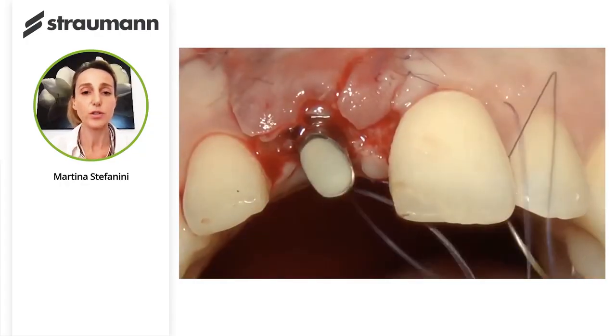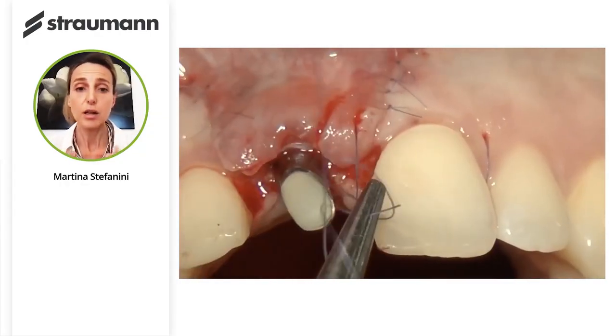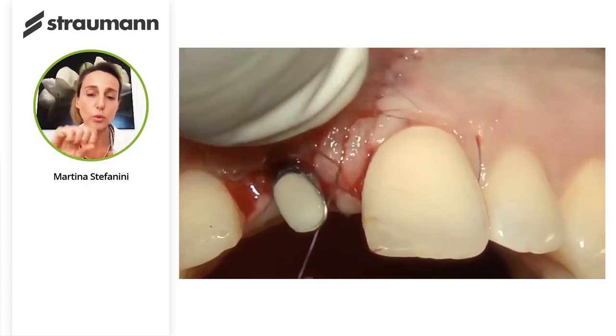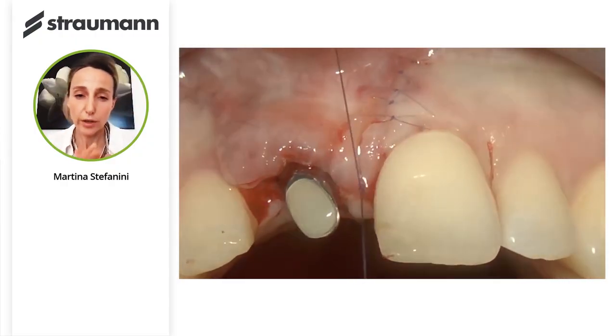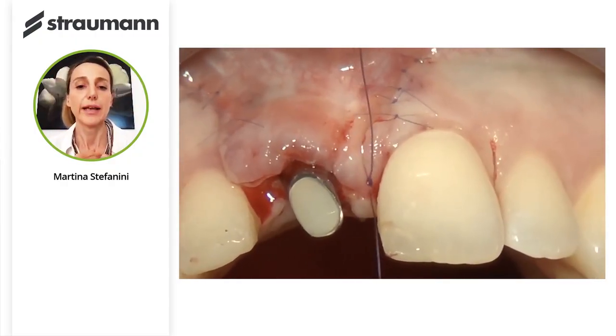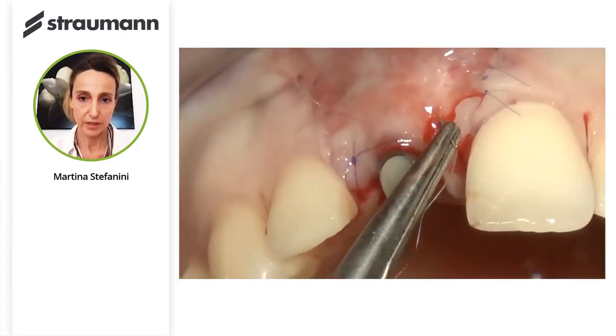In this case, we prefer to suspend the suture around the adjacent teeth, because when we tighten the knot, we can shift the tension of the knot toward the bone peak of the adjacent teeth, like you can see exactly in this moment in the video.